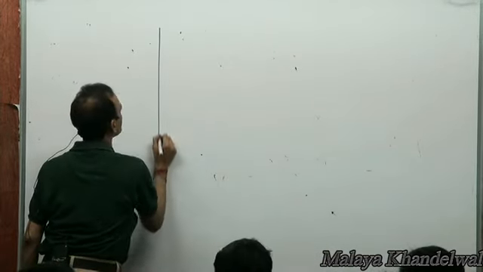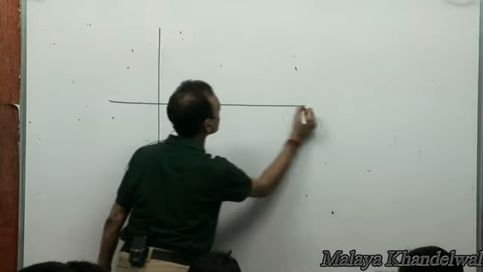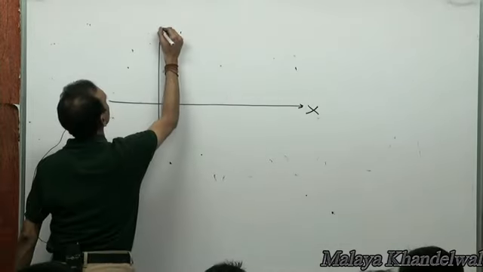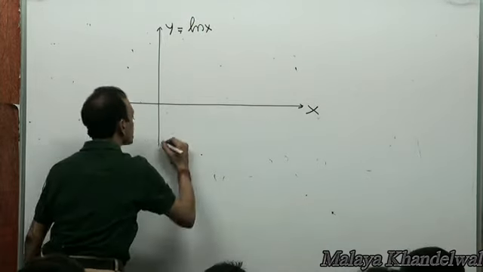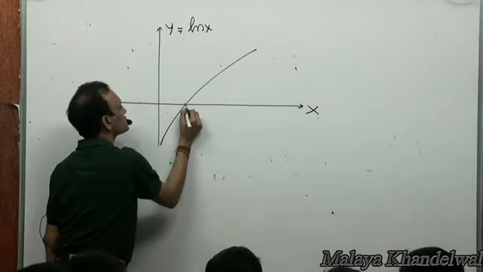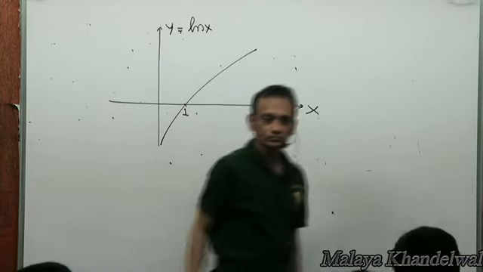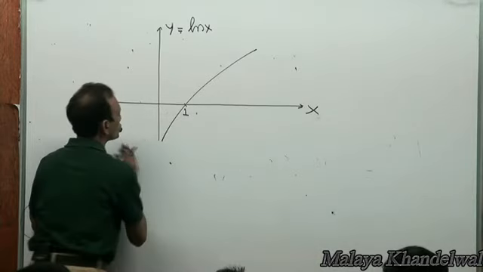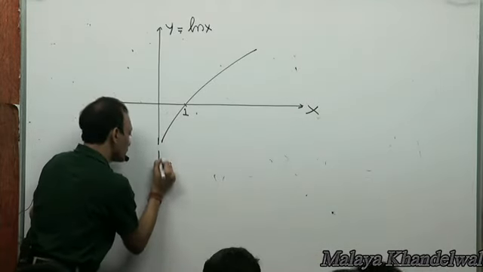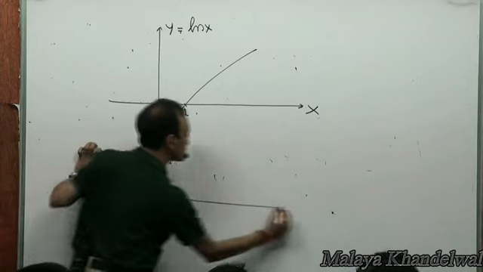Say, for example, y equal to log x. This is the graph of y equal to log x. At x equal to 1, it becomes 0. I now want to be able to draw the graph of y equal to mod of log x.